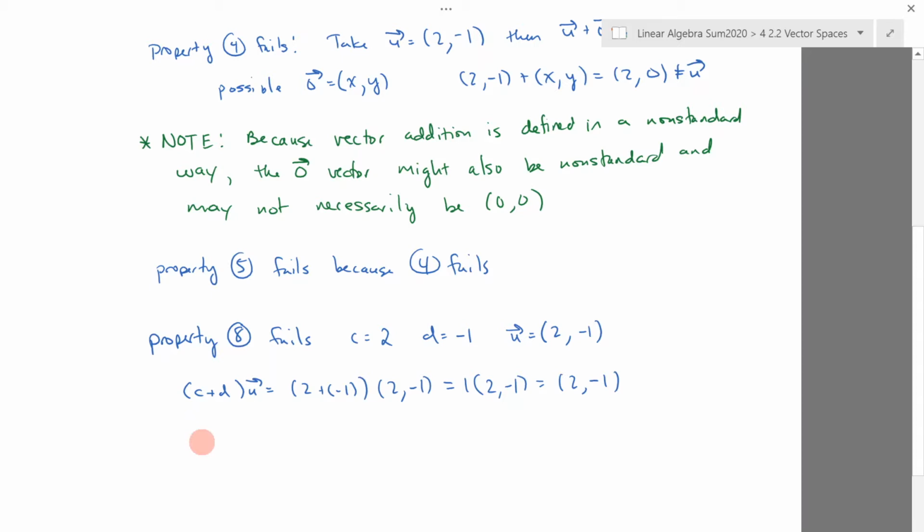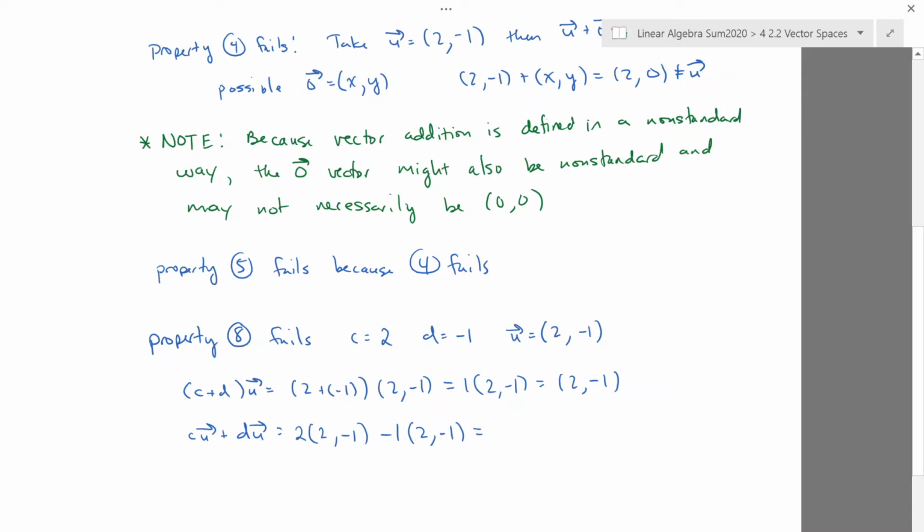And if I distribute it, so C times u plus D times u, what is that? That's 2 times 2 comma -1 plus -1 times 2 comma -1.